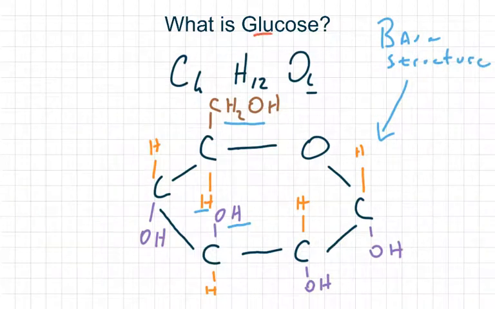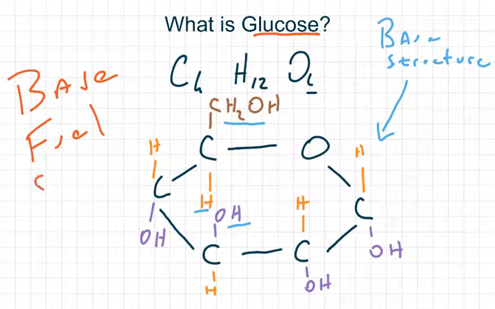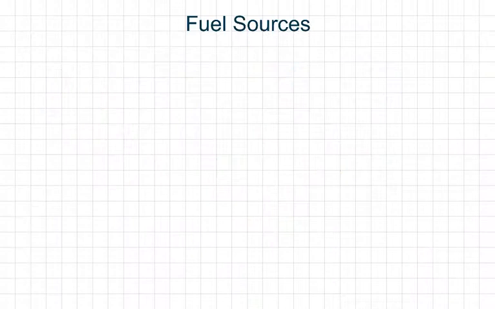Now the reason we talk about glucose up front is because it's the base fuel source for energy production in the human body, if not all of biology. And so where can we find glucose? Well, that gets us into our different types of fuel sources. And within the human body, we utilize 3 different fuel sources.